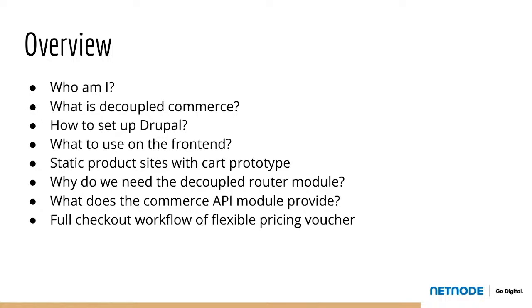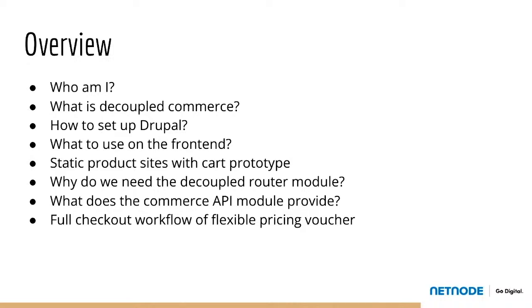First, a quick overview of what I'm going to show you today. First I will give a quick introduction about myself. Then I will explain what decoupled commerce means and how you can use it. Then I will show you how you set it up on the Drupal side, and I will also go through the front end and what you can leverage there. And then I will present a prototype with static product pages, which I have implemented for this presentation.